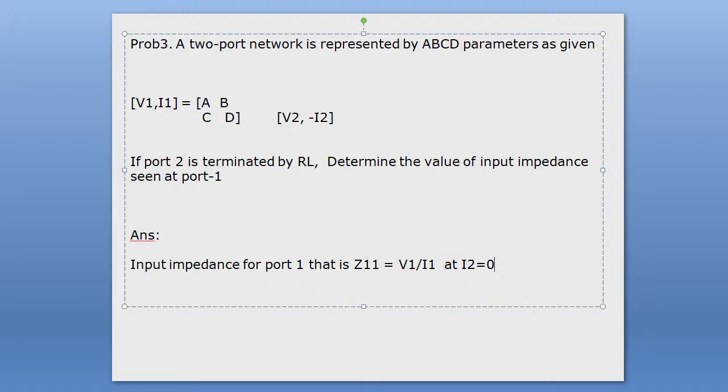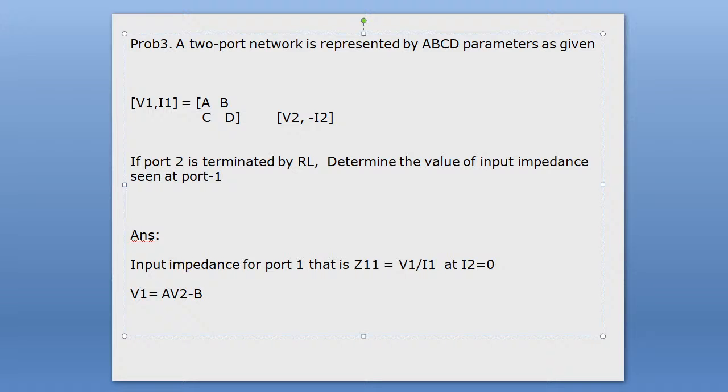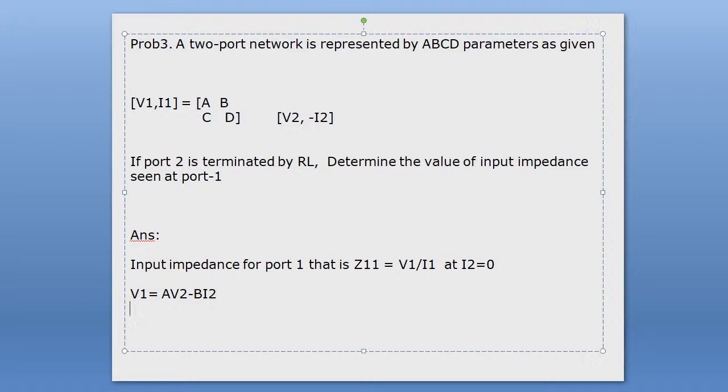Now you just write its network equation: V1 equals A V2 minus B I2, and I1 equals C V2 minus D I2.